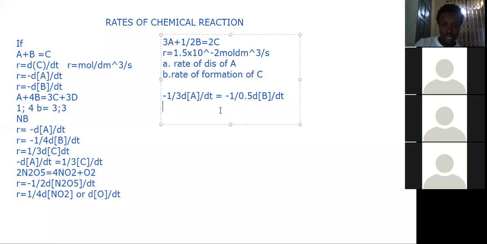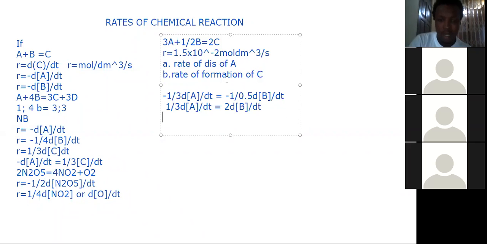So let me just do it step by step. 1 all over 3 dA slash dt is equal to 2 dB slash dt.